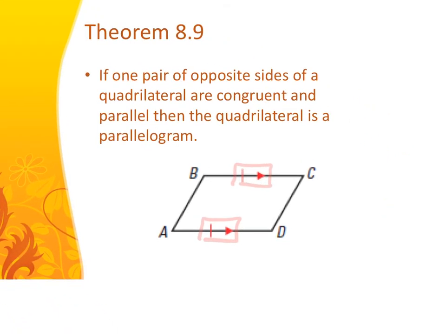Now, if my quadrilateral had the parallel indicators here, but the congruency marks were here, this would not be enough information. The parallel and the congruency mark have to be on the same sides.